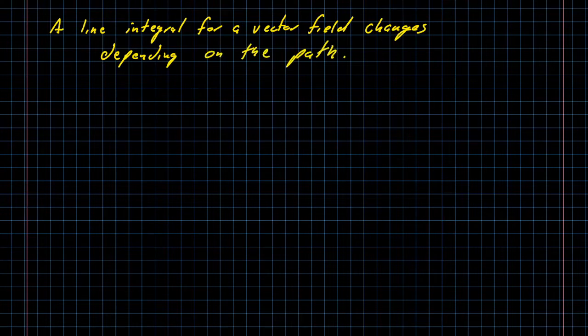A line integral for a vector field changes depending on the path. We saw that in earlier examples. We looked at two paths that went from the point 0, 0 to 2, 4, and saw that both of those integrals gave us different results.